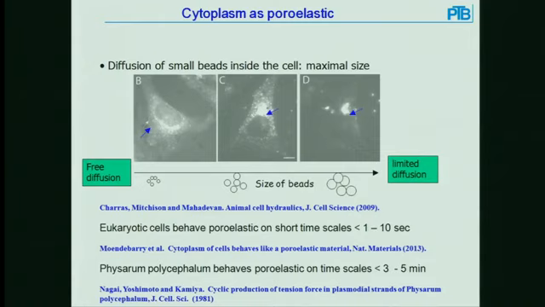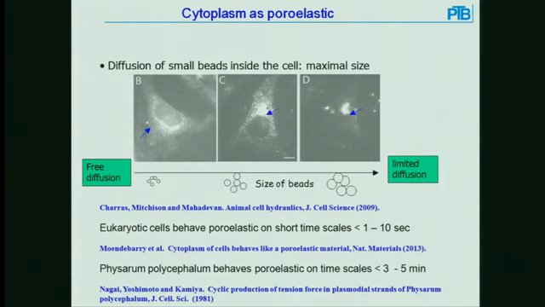In Physarum, you have some microscopic pictures where you see that, but there are some other recent studies of more standard cell types where you also see that eukaryotic cells can actually behave poroelastic, and typically on very short time scales. And one experiment was done by putting tracer particles of different size into a cell, injecting it locally, and then looking what's happening after a long time.